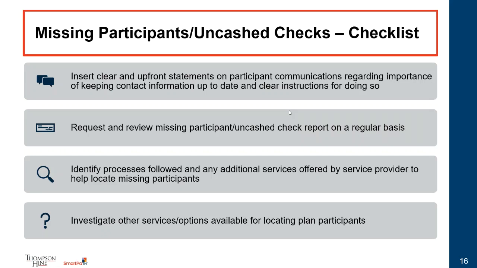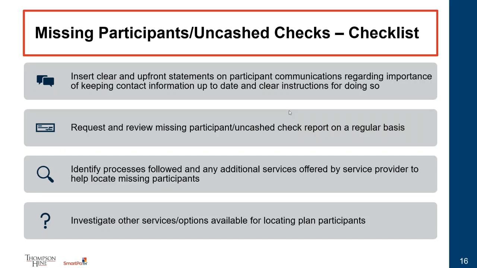And then, the fourth item on this list is, are there other third-party services, outside of our record keeper, that are available? And I will say there are. There are a number of good search firms out there.